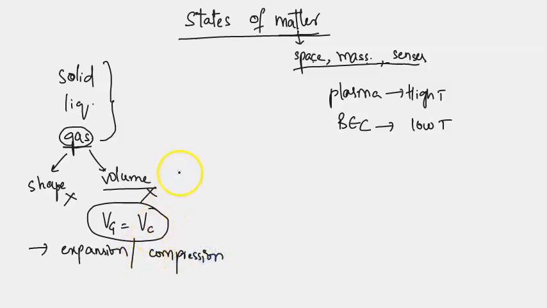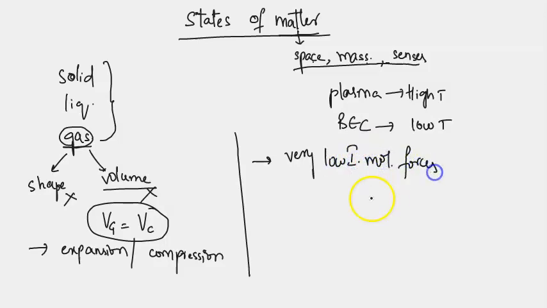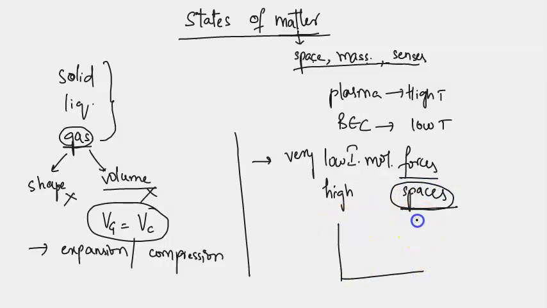The most important characteristic of gases is they have very low intermolecular forces, and they have very high intermolecular spaces. Spaces and forces are inversely proportional to each other. If particles have large space between them, the attractive forces are very low.